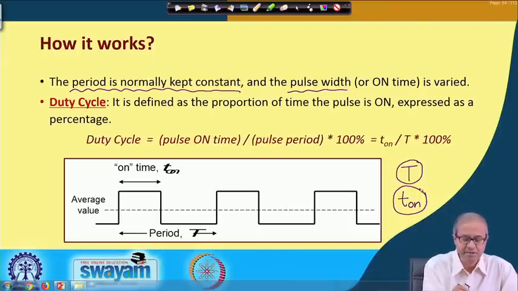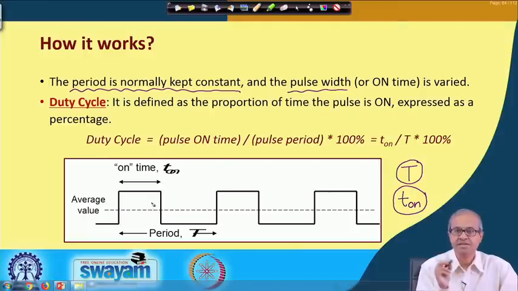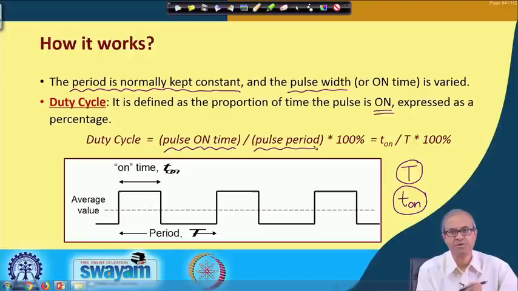And in this respect, we define something called the duty cycle of this rectangular waveform. The definition of duty cycle is the proportion of the time the pulse is on expressed as a percentage. So, actually duty cycle is defined as the total time for which your pulse is on divided by the total time period or the pulse period multiplied by 100.